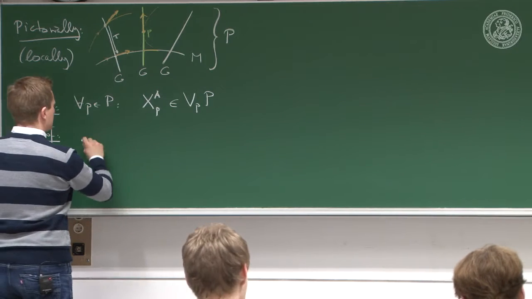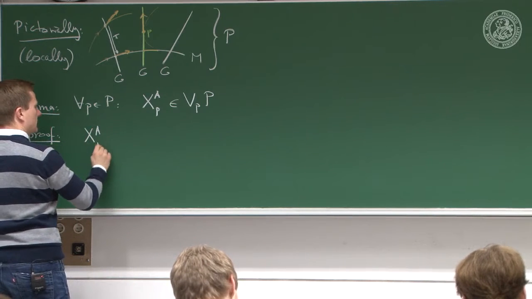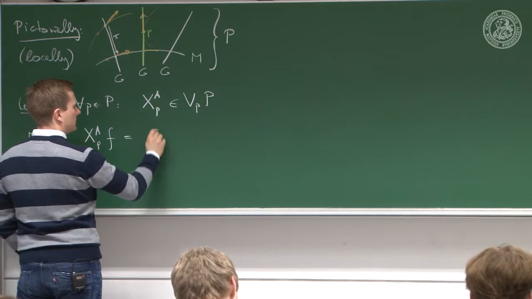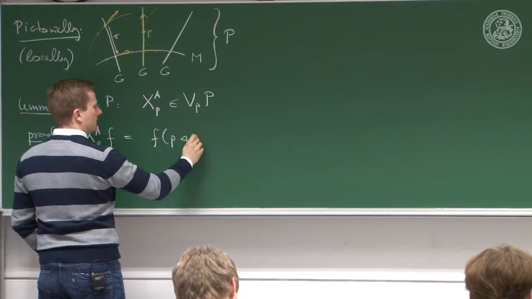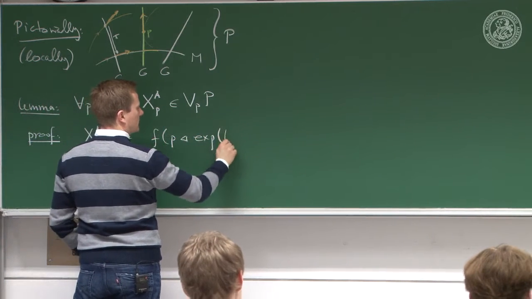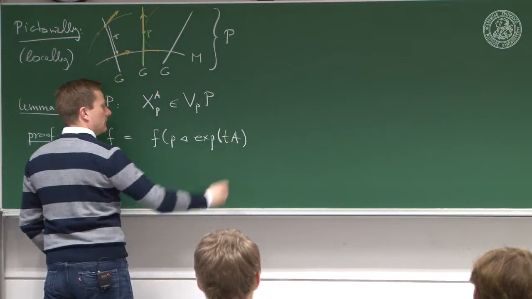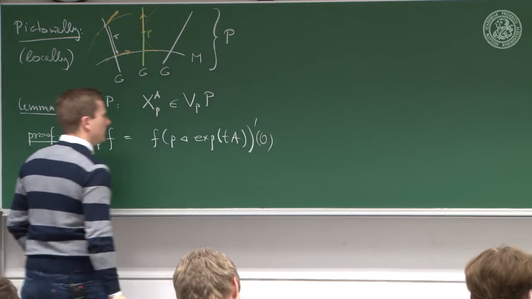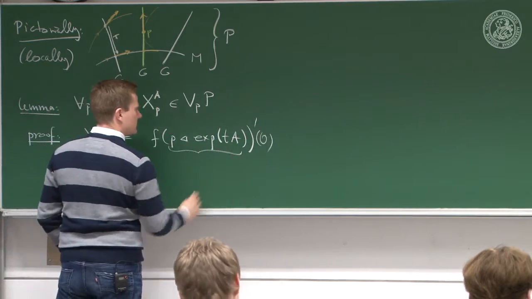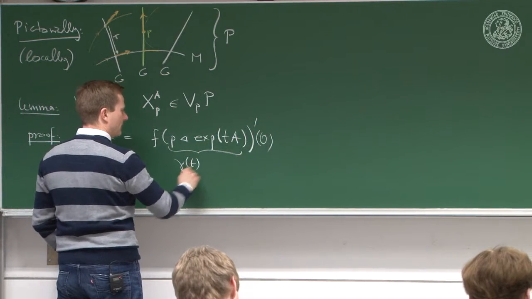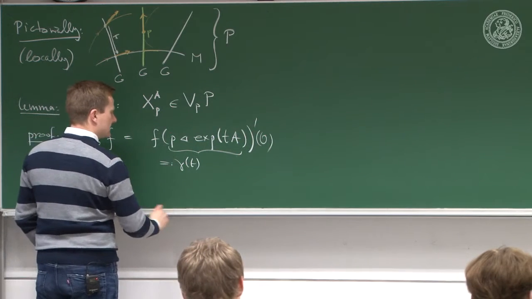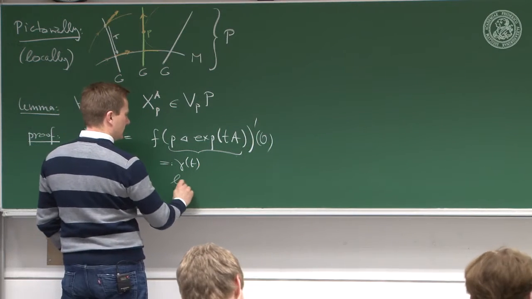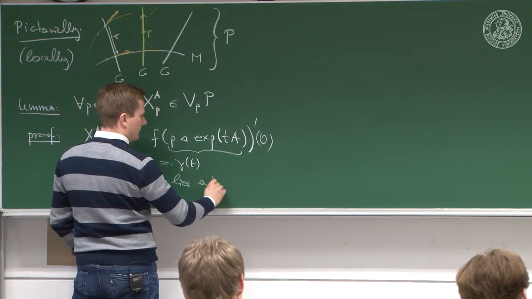We saw that X_A at P was that vector field that was generated by pushing forward this point P by this one parameter subgroup and evaluating here. And it's clear that this curve here, this is a curve gamma of t, right? This lies entirely within a fiber.